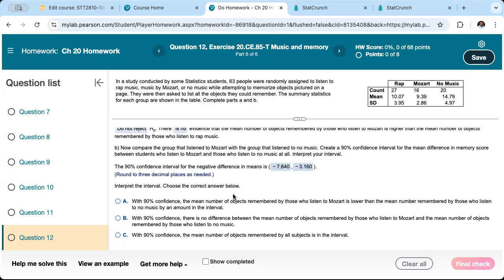I remember that when I was teaching you with the proportions how to interpret the confidence interval, it is the same thing here. You can see the interval values here are what? Negative. So it means that the Mozart mean is lower than those who listened to no music at all.